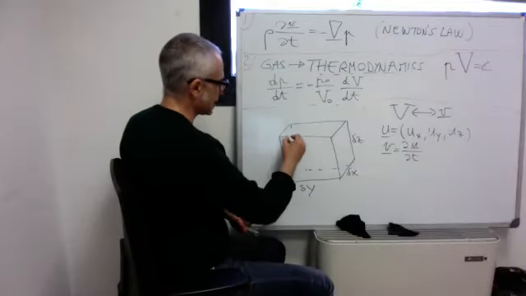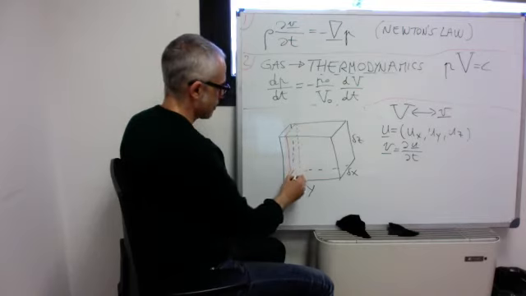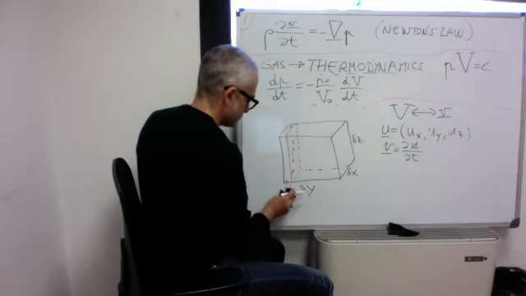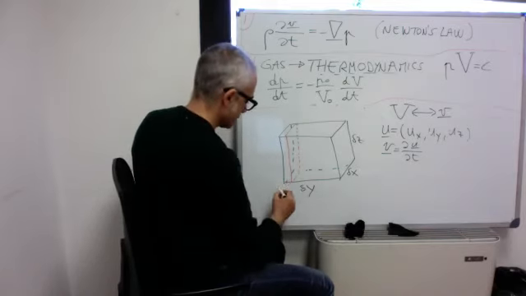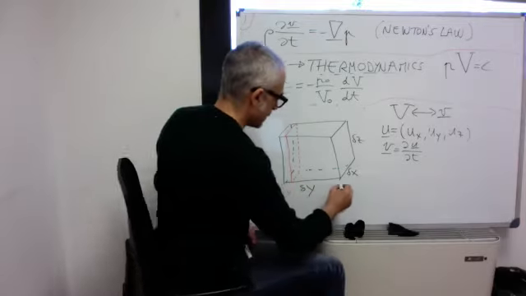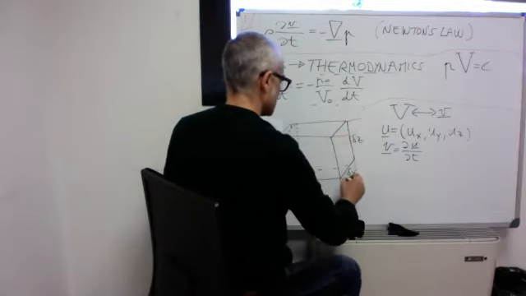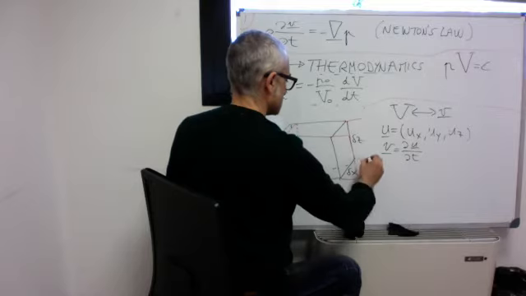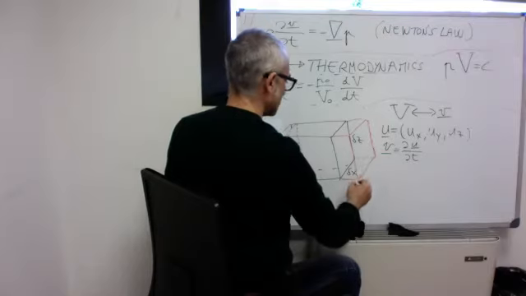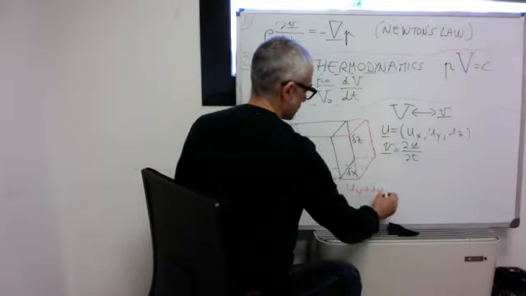So maybe on this side we have a compression that I call Uy, and here I have an expansion that will be Uy plus delta Uy.